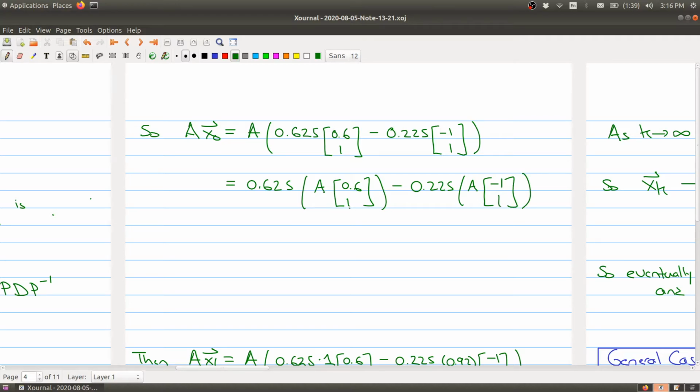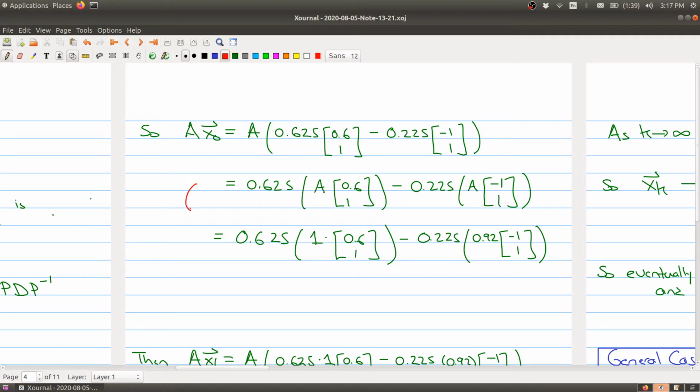Both of these vectors are eigenvectors, and we know what the eigenvalues are. So this gives 0.625 times 1 times the vector (0.6, 1), and the vector (-1, 1) has eigenvalue 0.92, so that gives 0.92 times the vector (-1, 1).